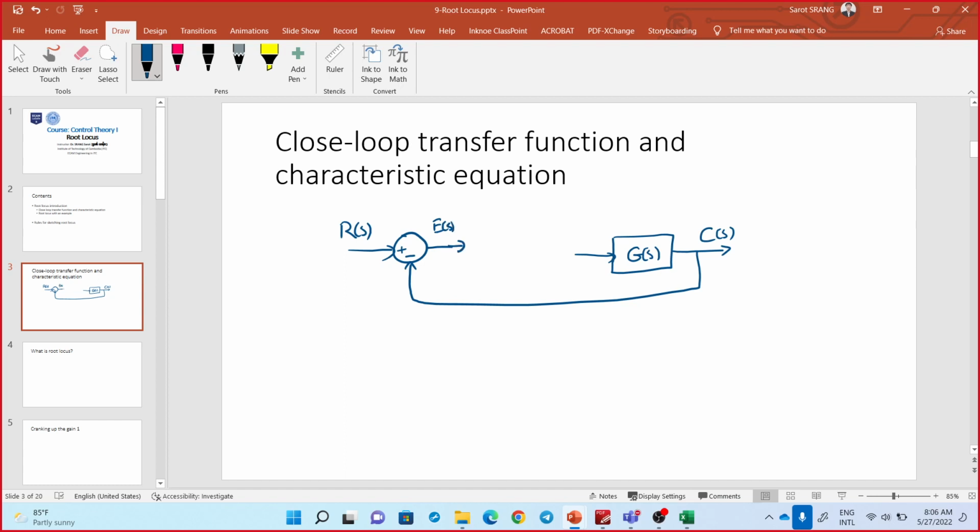From the information of the error you design a controller, and let's call it K. Then the controller sends the signal to a driver of the system, for example, and the system starts operation.